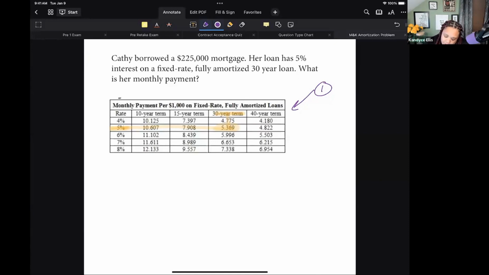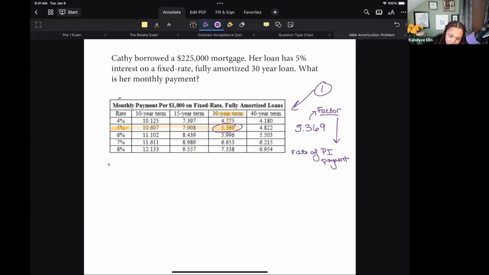But I know that we got this number, 5.369. By the way, that number is also called a factor. When you see the word factor, this is a fancy word for rate of P&I payment.